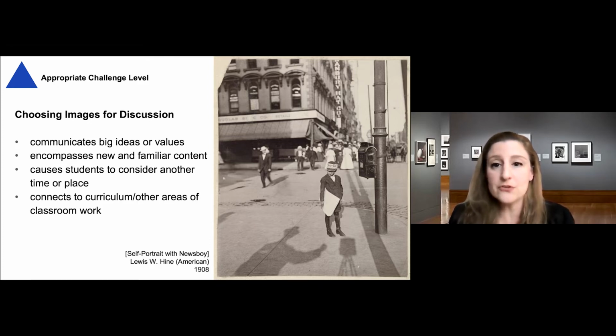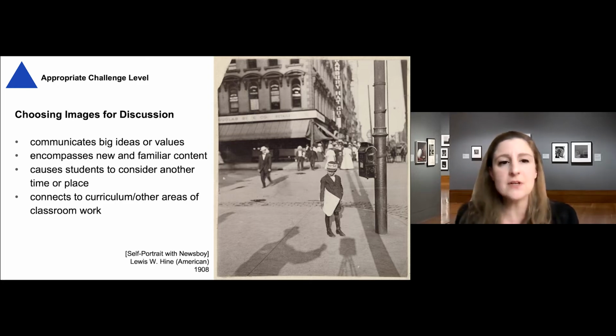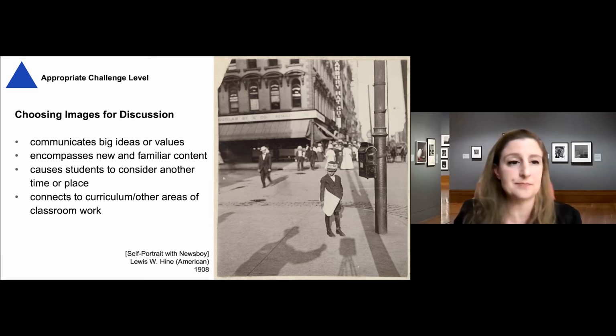If you look closely at this image, even a student can begin to wonder, why is this kid on the street with this pile of papers and not at school or playing with his friends? So even if the viewer or the student is not familiar with Lewis Hine's work, some of those topics can come out with exploration of this photograph.